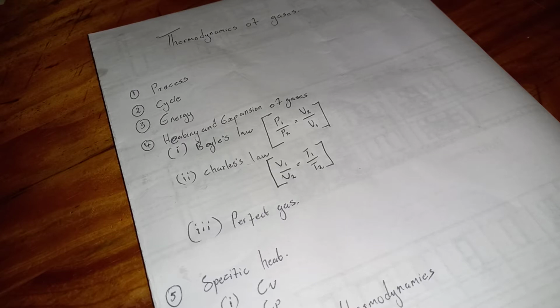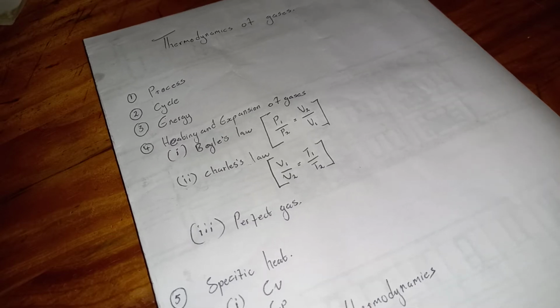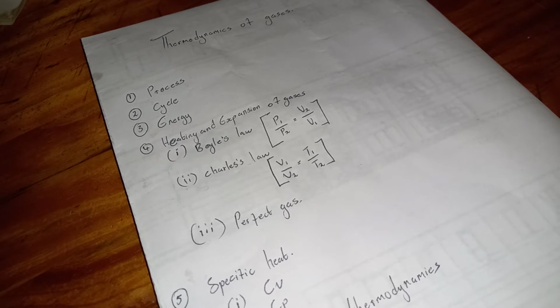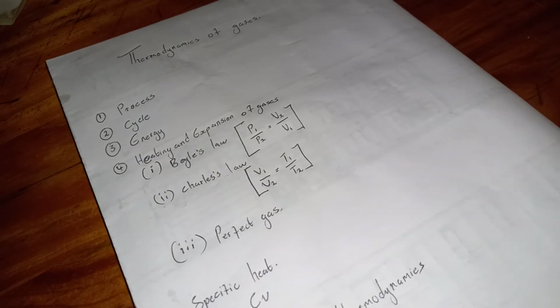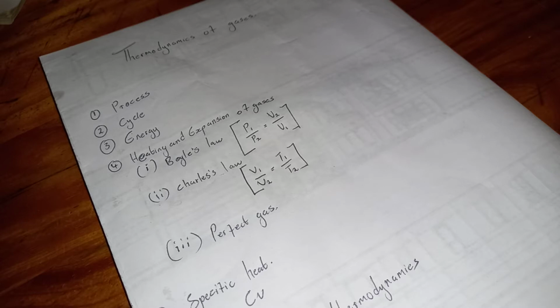Now we'll be looking at process. Before process, we can just discuss what is thermodynamics. Thermodynamics of gas, we'll be looking at the relationship between heat, work, and properties of a system.